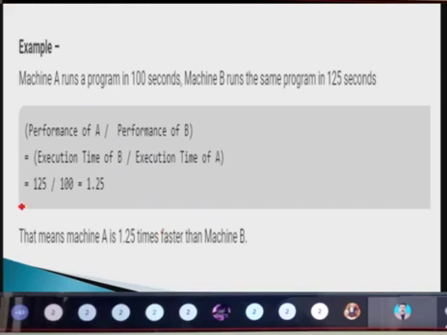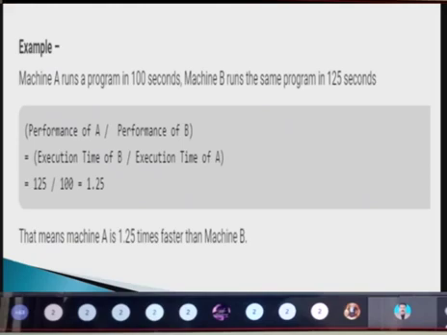Here is the example: machine A runs a program in 100 seconds. Machine B runs the same program in 125 seconds.